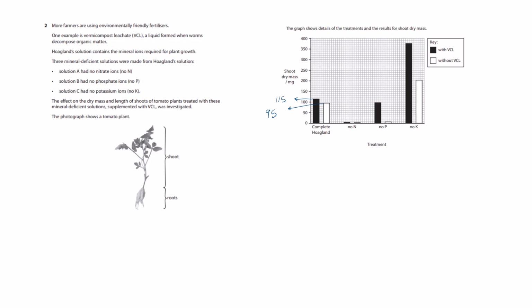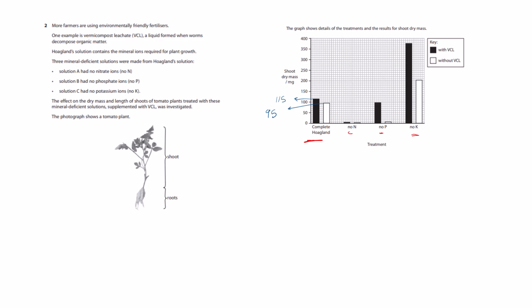So we have our shoot and our roots. The graph shows details of the treatments and the results for shoot dry mass. Over here we have the complete whole glands. The black one is with VCL, the white one is without, okay? And then with no nitrogen, no phosphorus, no potassium.